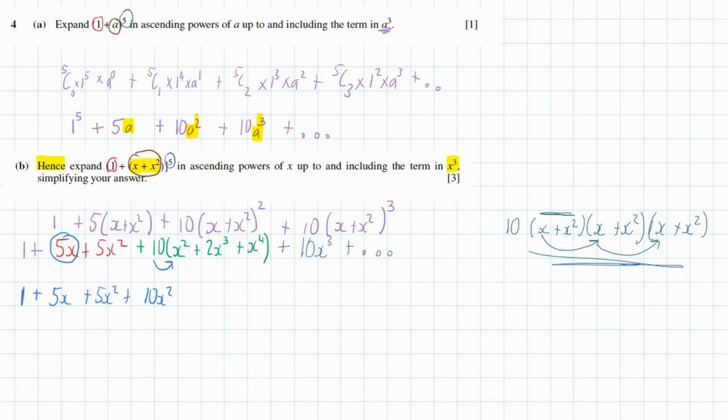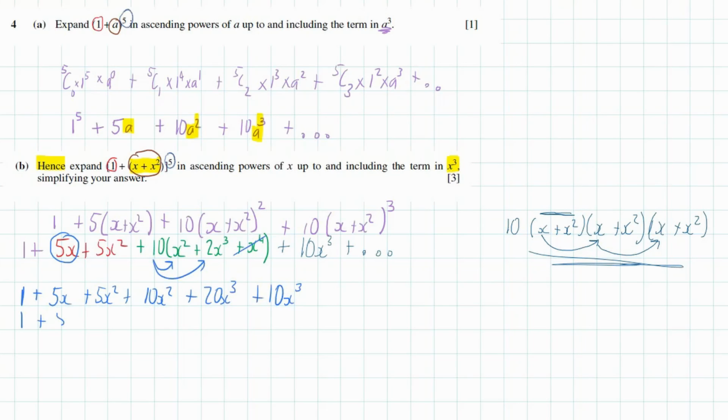Yep. And then we need our x cubed powers. You can see we can get 20x cubed that way. And we can ignore the last part of that bracket because we don't need x to the power of 4s. And then, of course, we've got this 10x cubed at the end here.